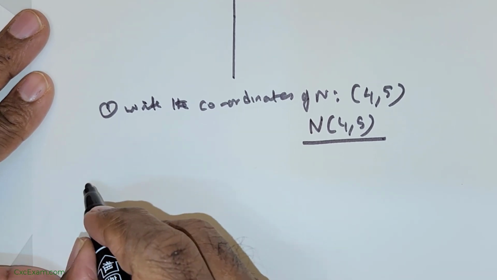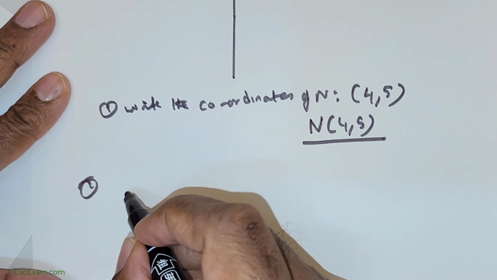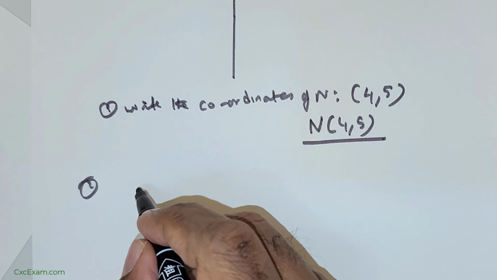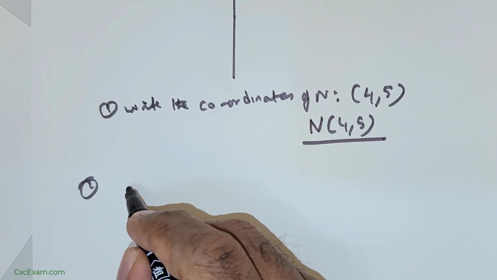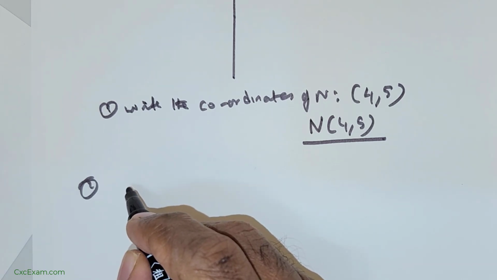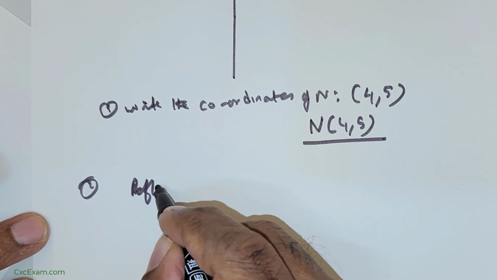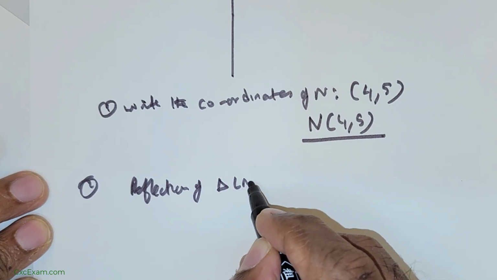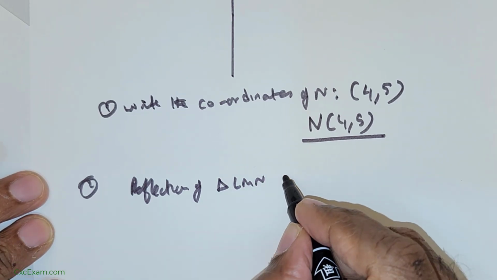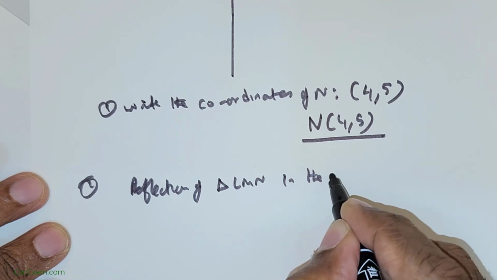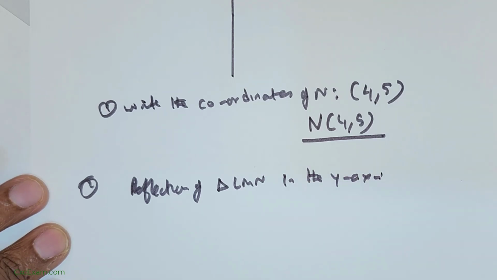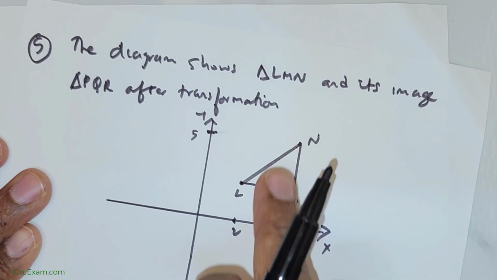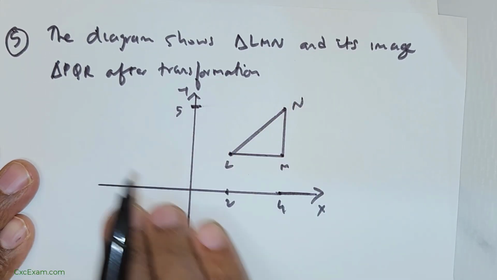Now the next part is stating as follows. It states that we are actually providing, or I would say, the reflection of triangle LMN in the y-axis. So you are actually reflecting this element on the y-axis.